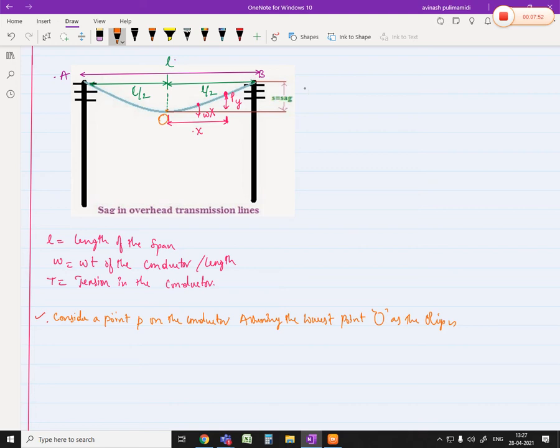Then the coordinate points of P are X and Y. Assuming the curvature, this curve is called the OP curve.